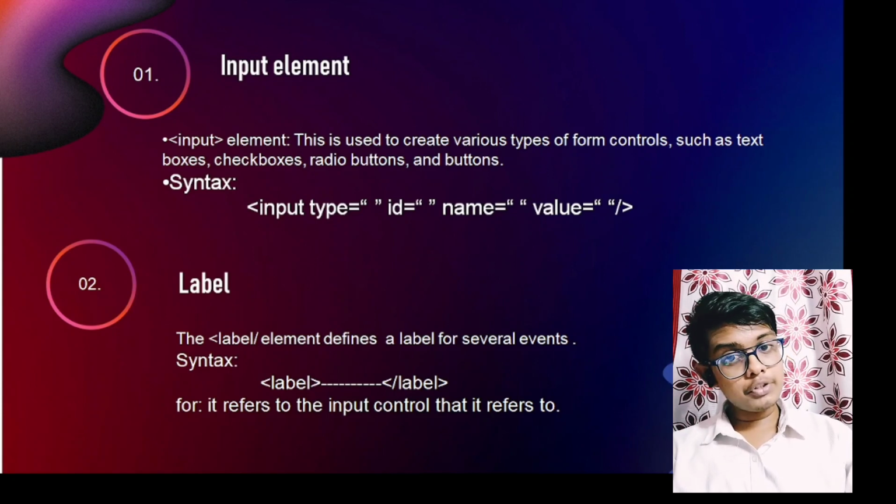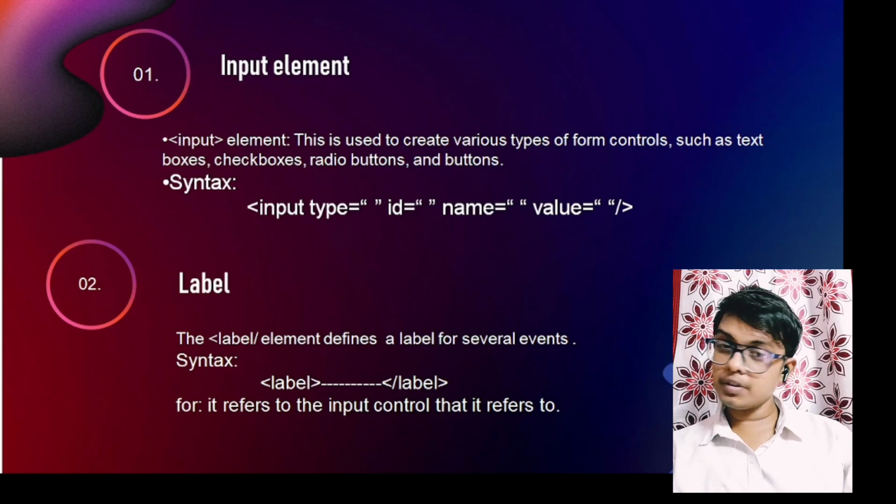In the type, you can mention what you want to give, like a text field, checkbox, or any button. The id gives a particular name. Suppose we have different types of input fields; in order to identify them, we can use the id. So id has a unique value for each input field. The last one, value. If you want to place any default value in this input field, you can do that with the help of value.